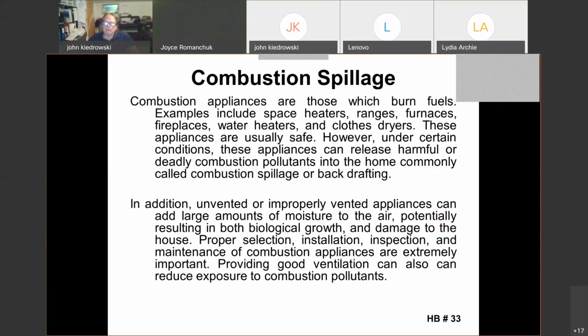And then when we look at unvented or improperly vented appliances, they can add large amounts of moisture to the air. So again, we have another device that can also contribute to a lot of moisture in a house.